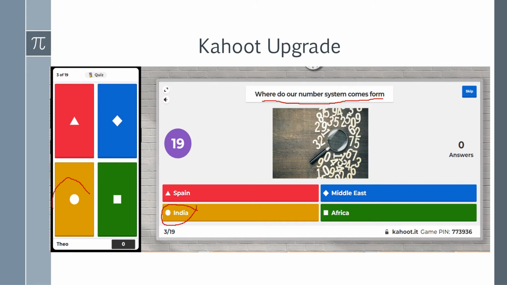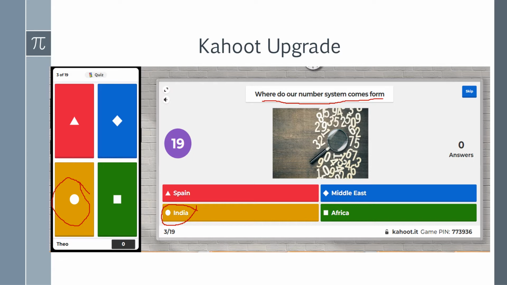So if I was on my phone, I would press the yellow button, the circle. Each of my clips is going to have a video of maybe 1 or 2 examples, and then you're going to answer a question just like this.